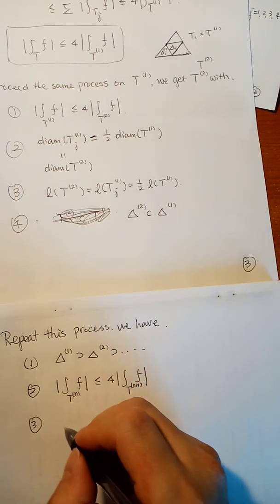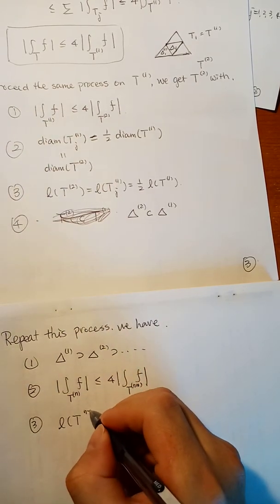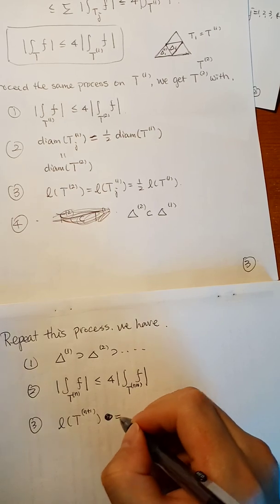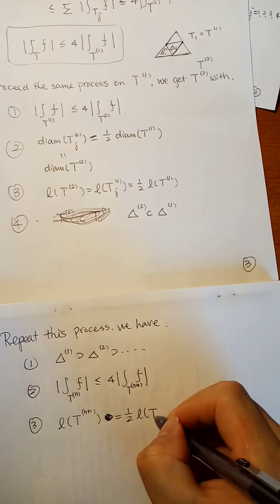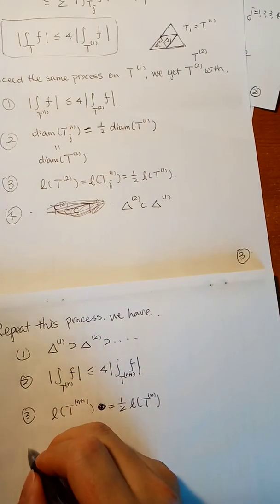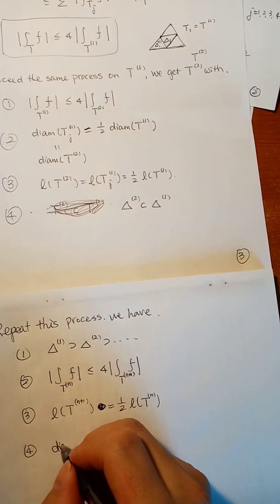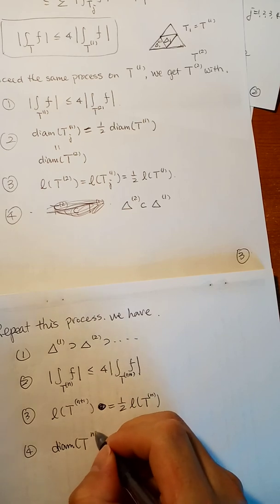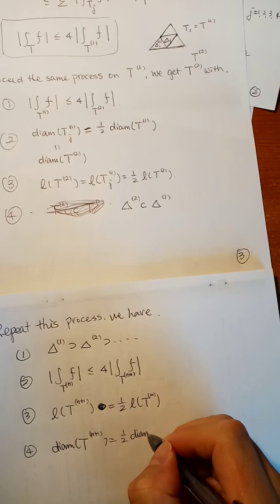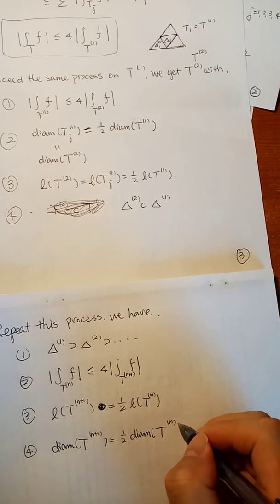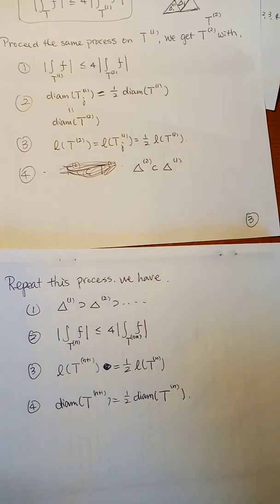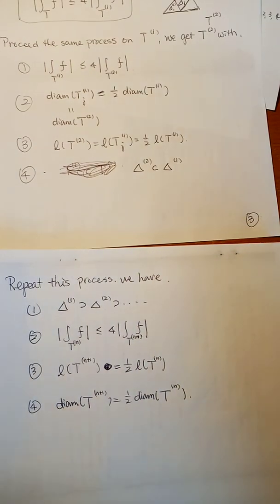Third, the length is always half, not less than. It's half of the length of Tn. You always divide it into 4 pieces. And fourth, the diameter is also half of the diameter. Okay, so those are the 4 properties.